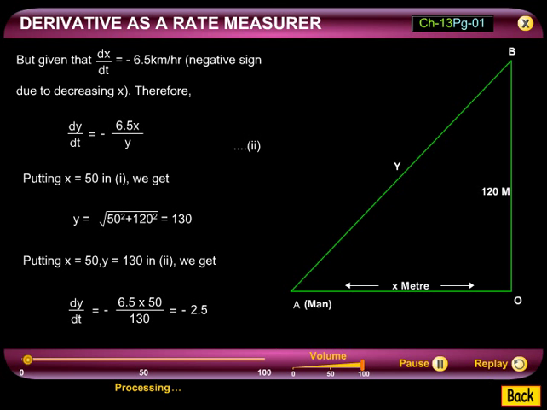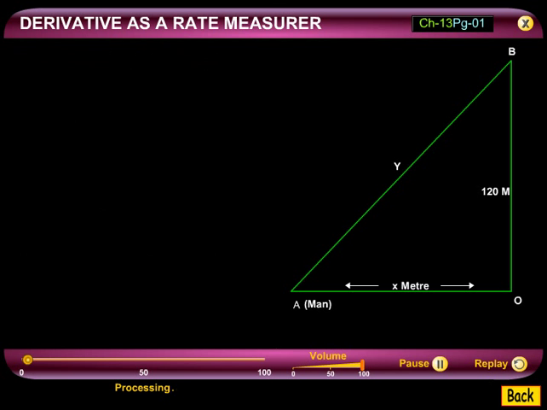Putting x equal to 50 and y equal to 130 in equation 2, we get dy by dt is equal to minus 6.5 into 50 by 130, which is equal to minus 2.5. Thus, the man is approaching the top of the tower at the rate of 2.5 kilometers per hour.